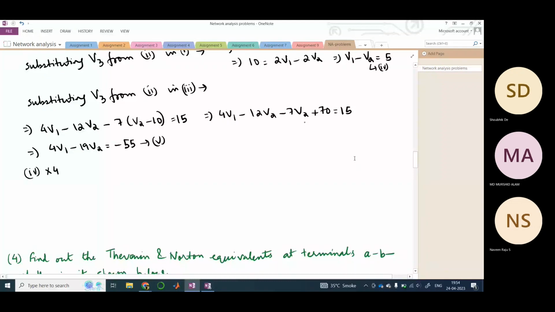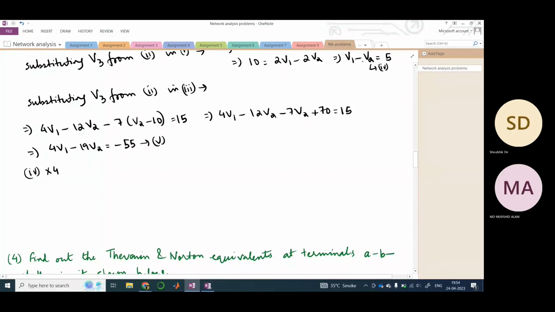Okay, so let us just eliminate V1 here. We will multiply equation 4 with 4, and then subtract it directly from 5, right? Because you see it also has a coefficient of 4V1 in equation number 5. So this makes the process simpler.